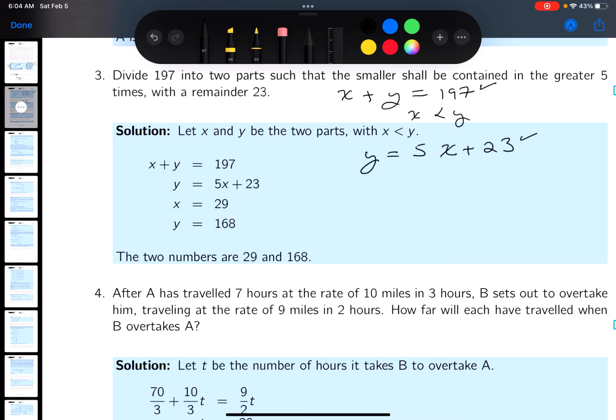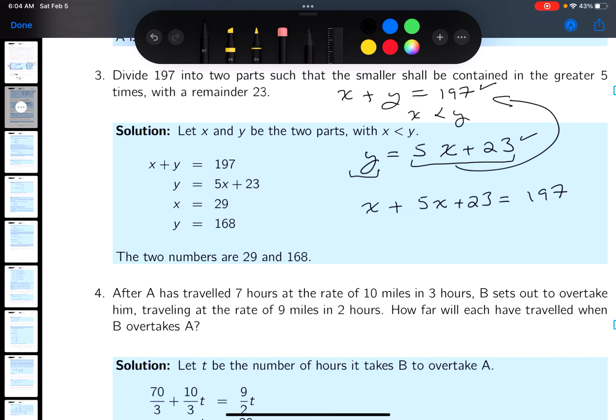What I'm going to do is use a substitution, and it's pretty clear at this point. I'm going to take this letter y, which is identical to 5x plus 23, and substitute it into the first equation. And what do you get? x plus 5x plus 23 is going to be 197.